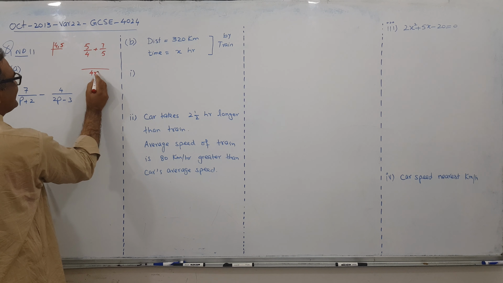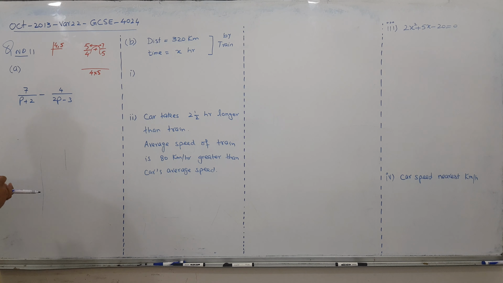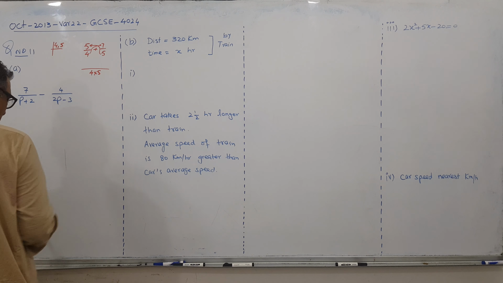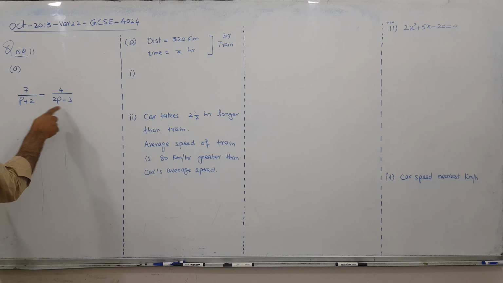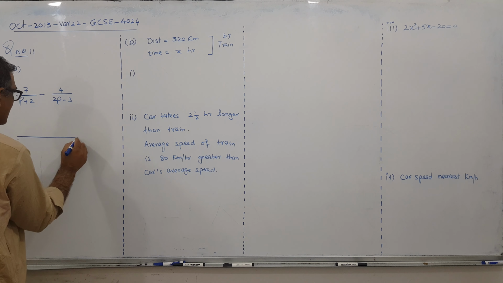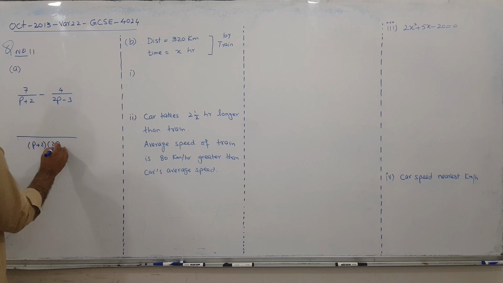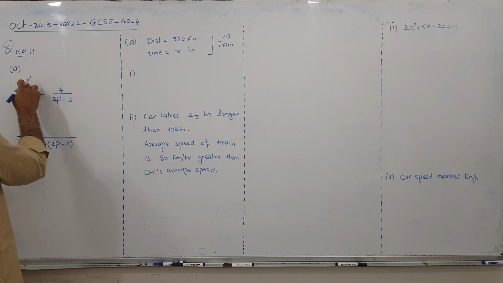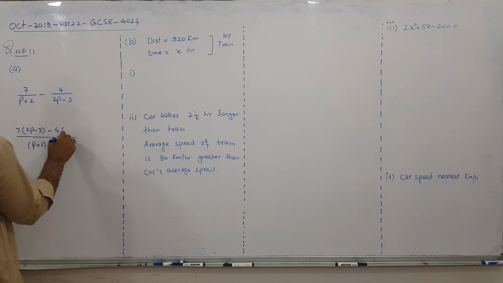4 5s are 20, and 5 multiplies here and 4 multiplies here. This kind of thing is allowed only when there is nothing common. So it means I can use this option because there is nothing common. Okay, so I can go for the direct working, and p plus 2 times 2p minus 3, so it multiplies there and it goes the other way.